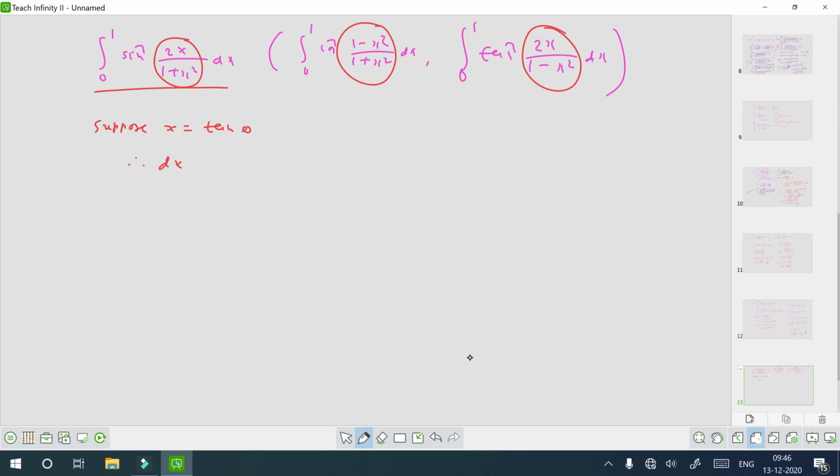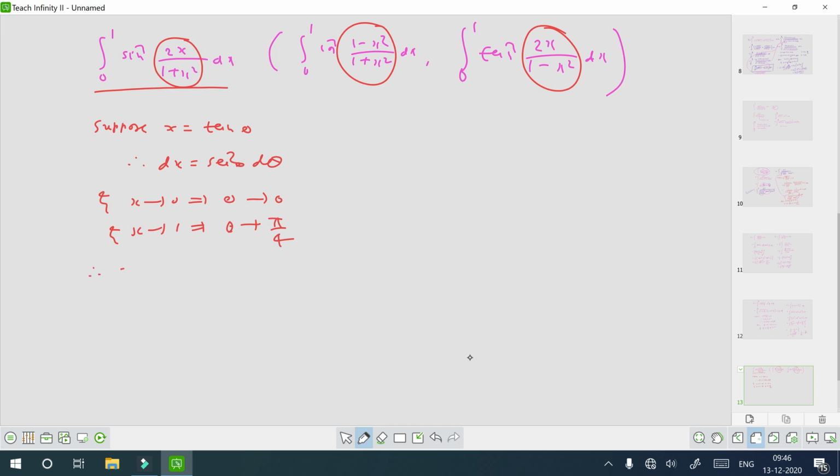So what is dx? Sec square theta d theta. Yes or no? Yes. And if x tends to 0 implies theta tends to 0, and x tends to 1 implies theta tends to pi by 4. Why? Tan pi by 4 is 1.